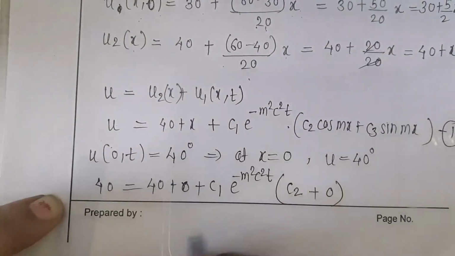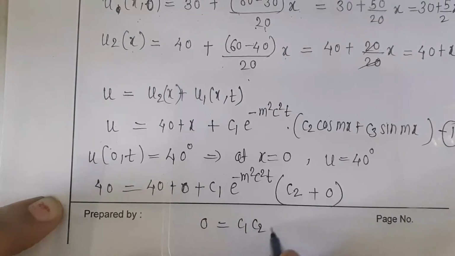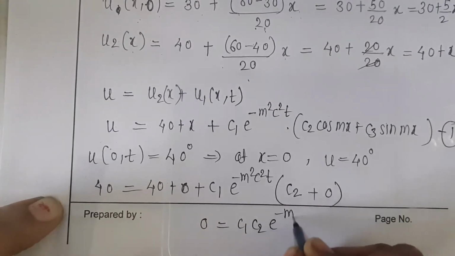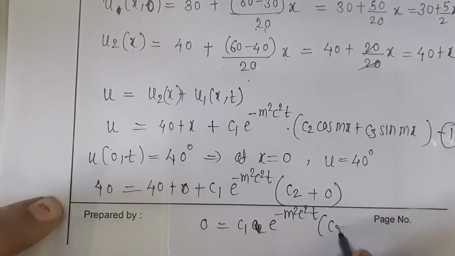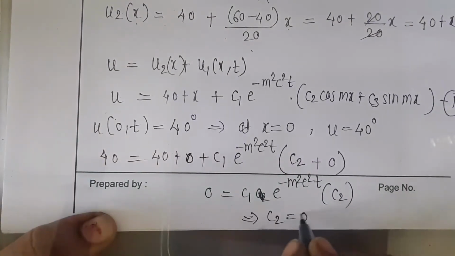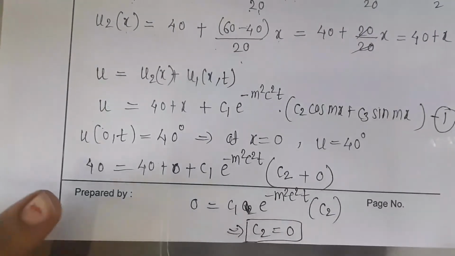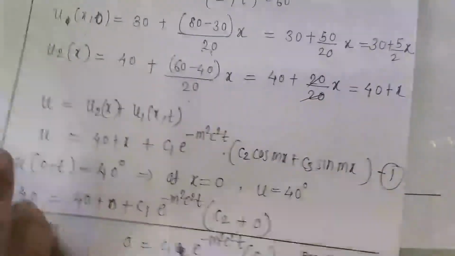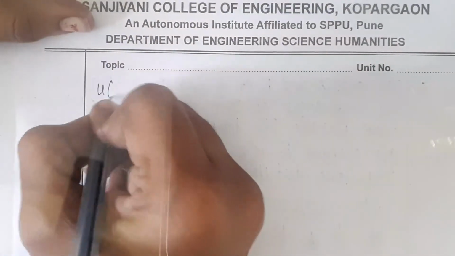So this 40 get cancelled. 0 is equal to c1 into e to the power minus m square c square t multiplied by c2. So we get the value of c2 is equal to 0. Substituting this c2 value in equation number 1, we get u of x,t.